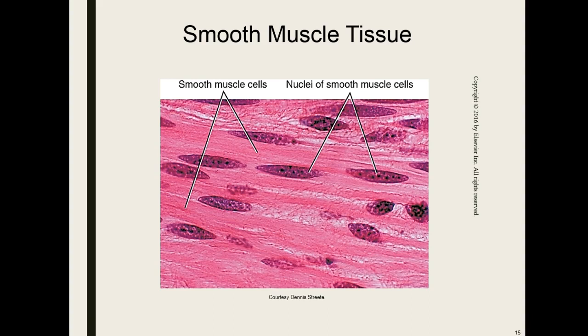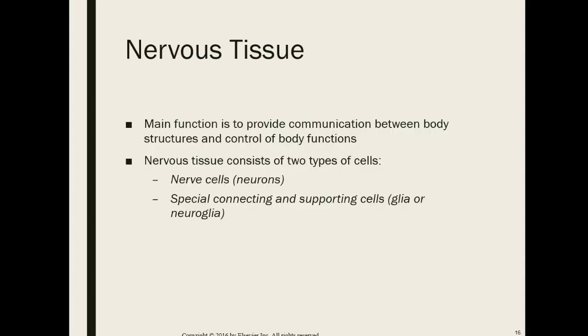And then smooth, you'll notice that there's no striations here. So in those other muscle types, we saw these striations running lengthwise like this. With smooth muscle, there's 0 striations. So easy way to remember that one. And then again, we don't have any control over the contraction of these muscles.